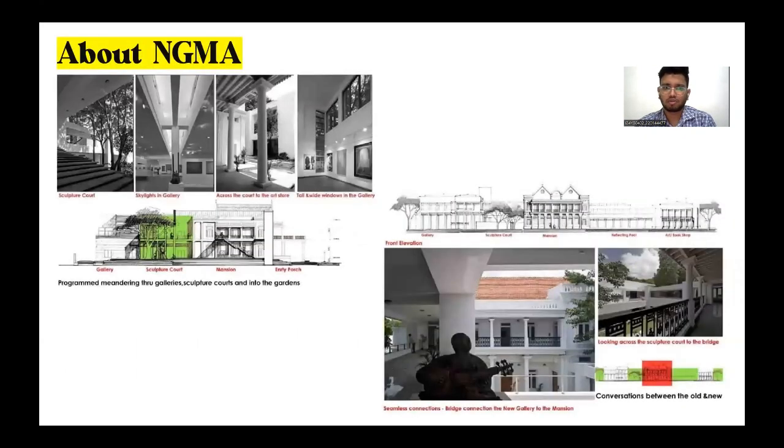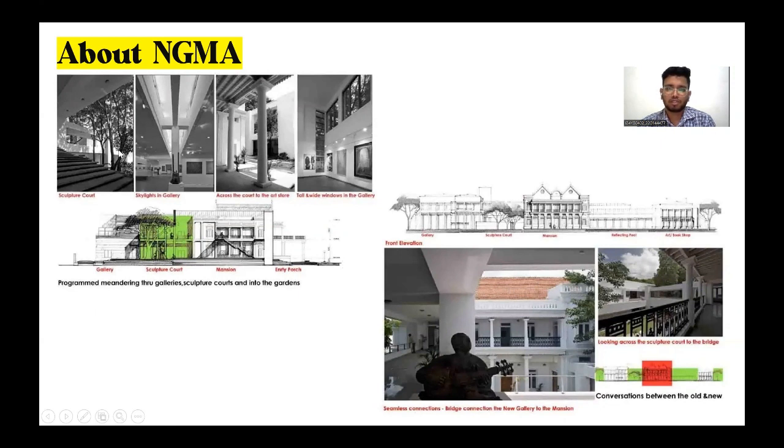Learning more about the National Gallery of Modern Arts, we found out that there are many different areas in the museum that are allocated for different things. Like the first area is the gallery, second is the sculpture court, then the mansion, and the entry porch.